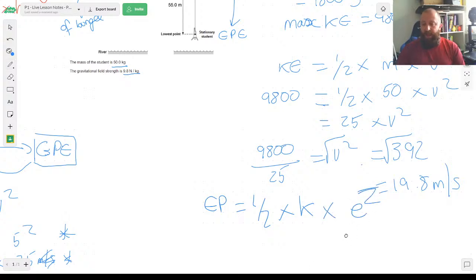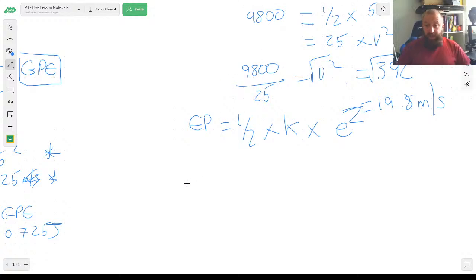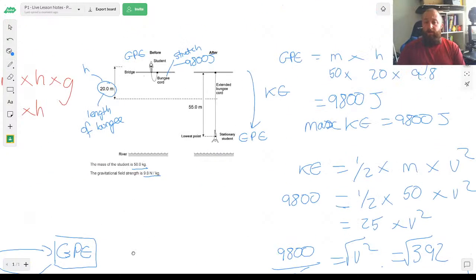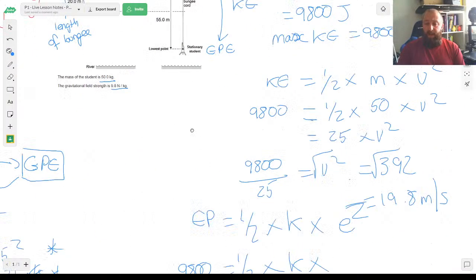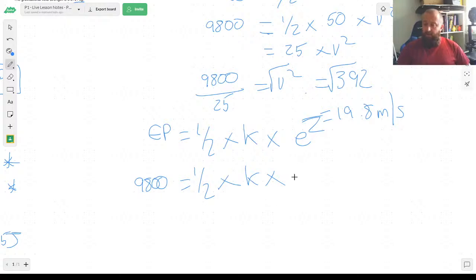Now, if I substitute in the values we've got, 9,800 is equal to half. I don't know my spring constant, but I do know that the bungee is going to extend by 55 meters, so 55 meters squared. So let's type that into a calculator and see what 55 squared is.